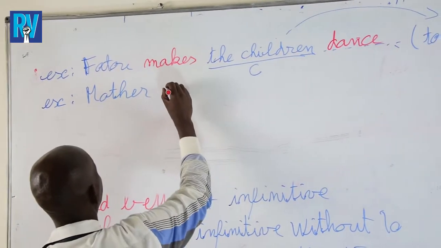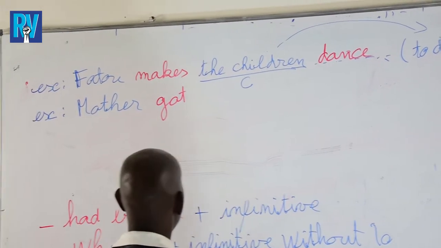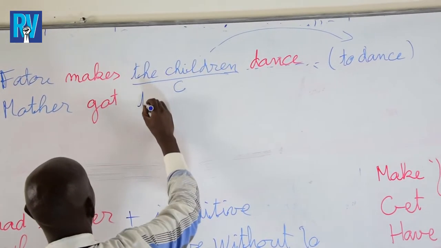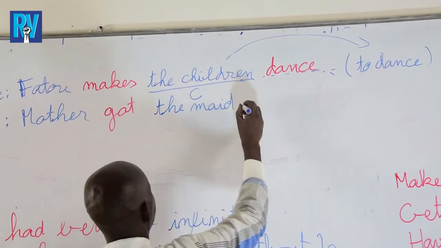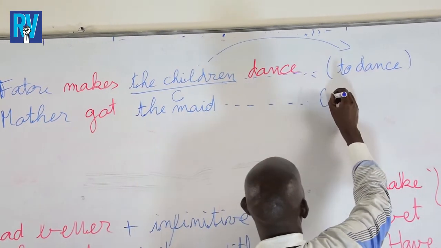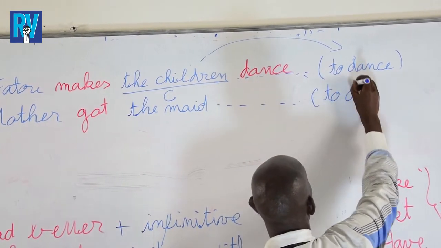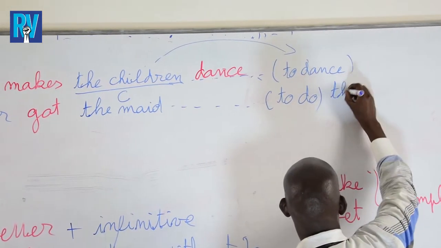Okay. Got. Le verbe get au passé. Mother got the maid, la bonne. I have the verb, the maid, and I have the verb to do the washing up, faire la vaisselle.